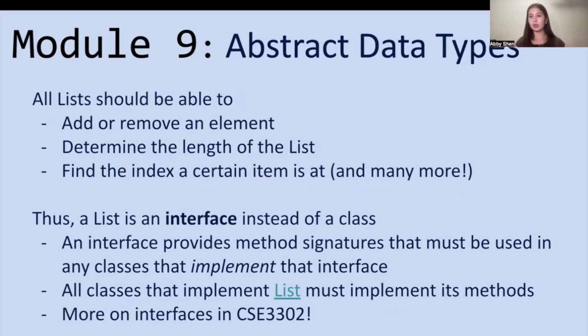So far we've been working with classes, but a list is an interface, which means it's a collection of method signatures that must be used in any classes that implement that interface. It's just the user-facing part, the methods that you'll have and how to call them. Therefore, all classes that implement list must implement its methods.